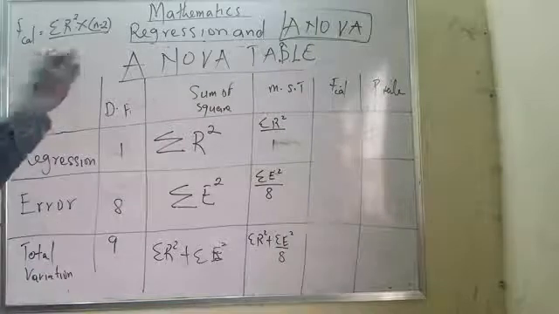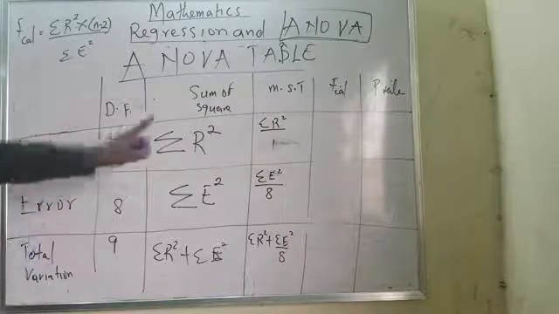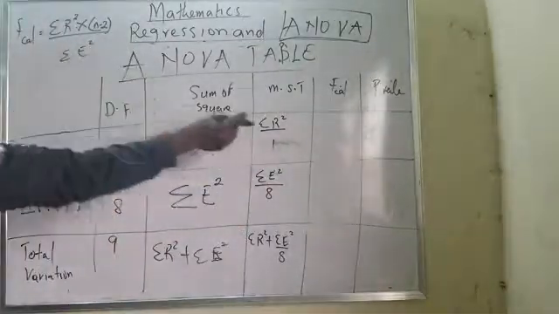Of E squared, which is the summation of E squared. Now, it means the number I have here is divided by the number I have here. But the number here, I will be multiplying it by what?